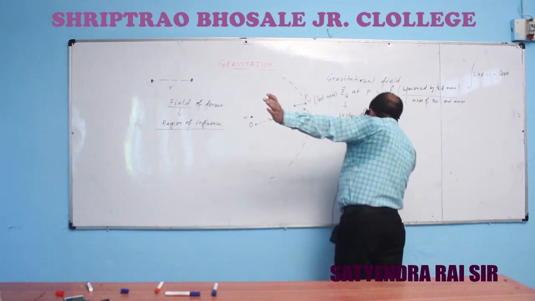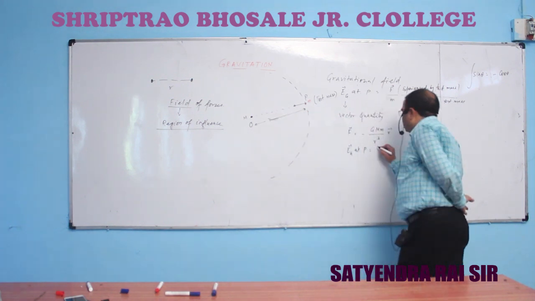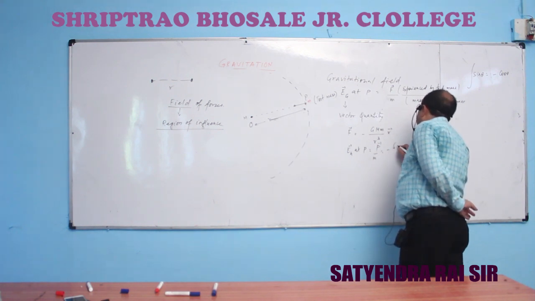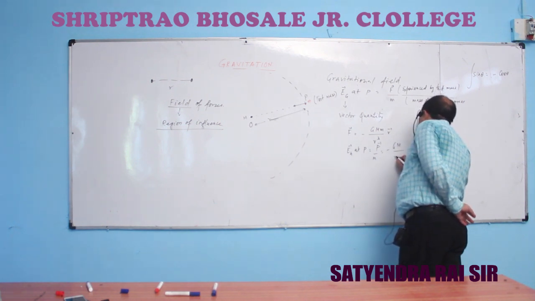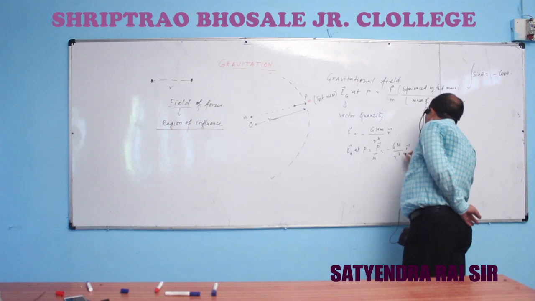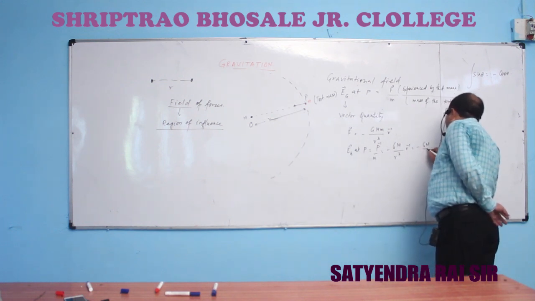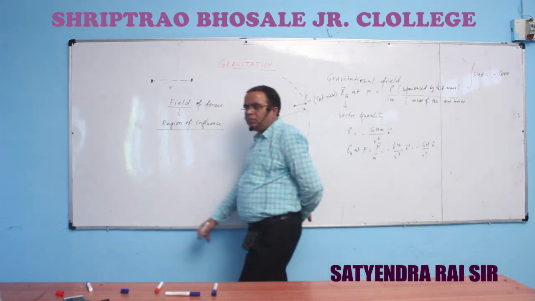E gravitational at P is given by F divided by m, which is minus GM upon r cube into r, or this can be written as minus GM by r square into r cap.